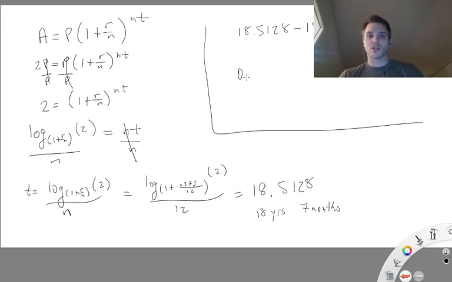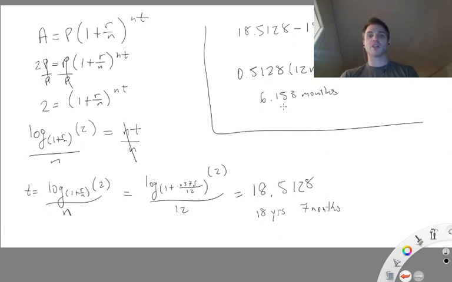So I took this number and multiplied it by 12 months, and that left me with 6.153 months.